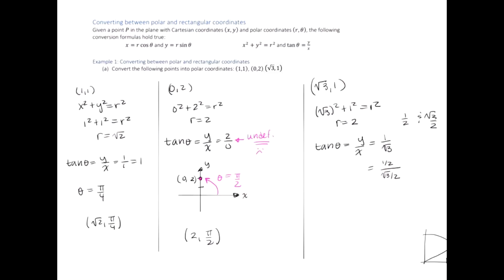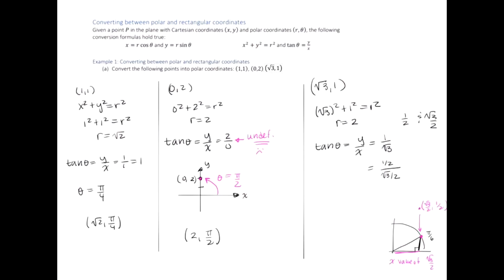This right triangle here, and I'm just noticing your cutoff, so let me scooch it over. So this right triangle here has an x value of root 3 over 2. And when I say x value, I mean the coordinate. So this point is root 3 over 2 comma 1/2.